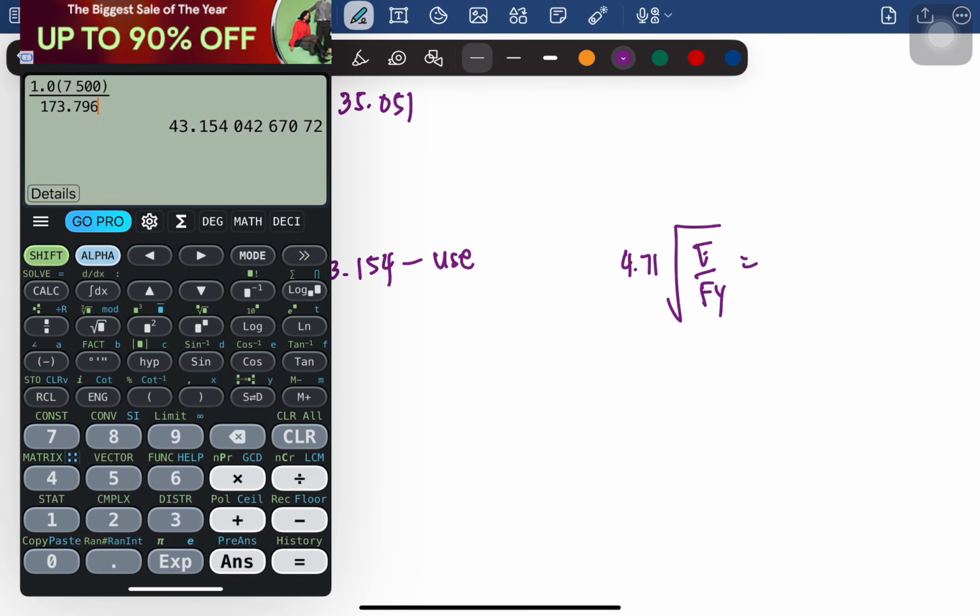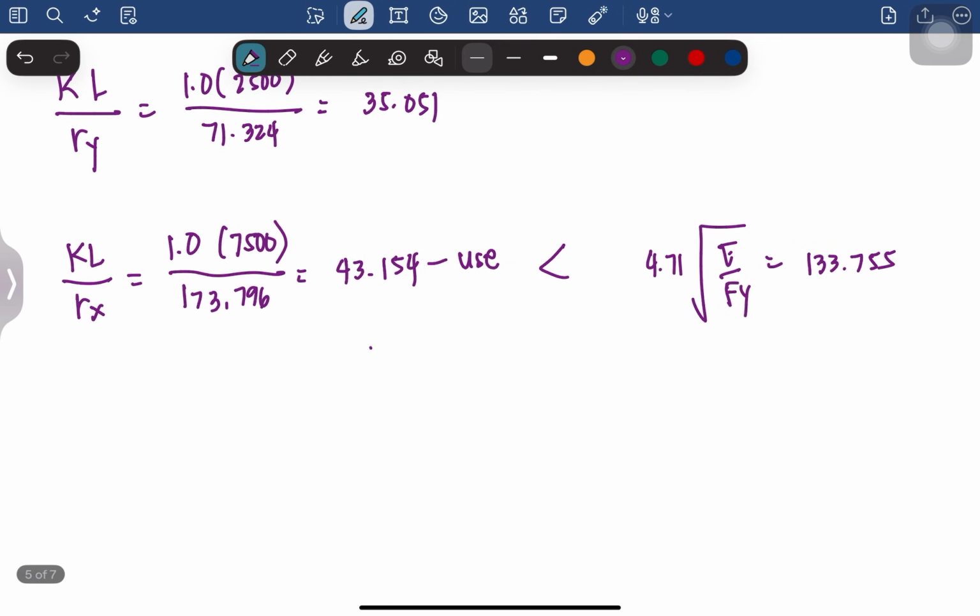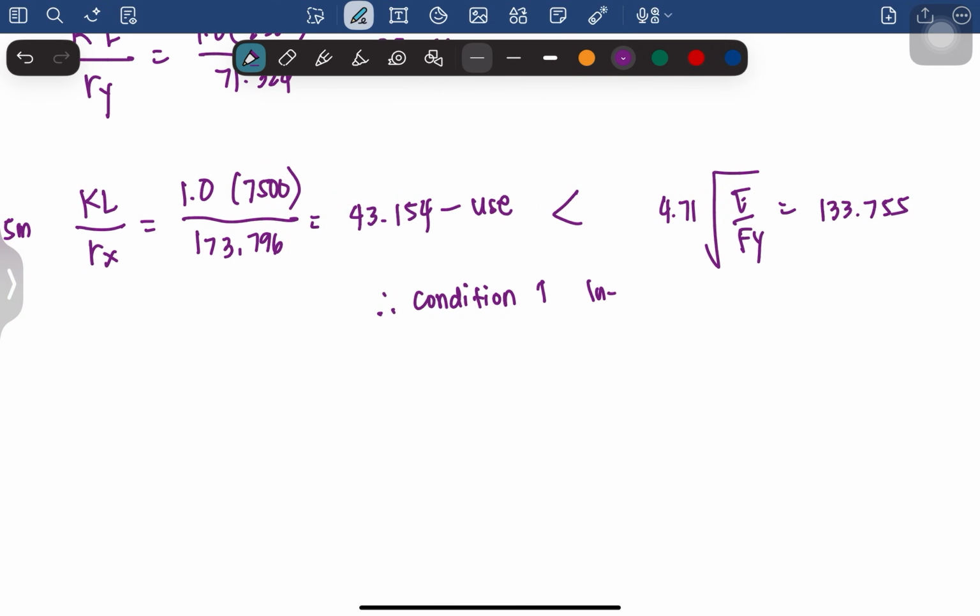So, ilalagay ko na lang 248. 4.71 square root of 200,000 over 248 is 133.755. So, less than yung slenderness ratio natin. So, condition 1 siya, babagsak or inelastic buckling.